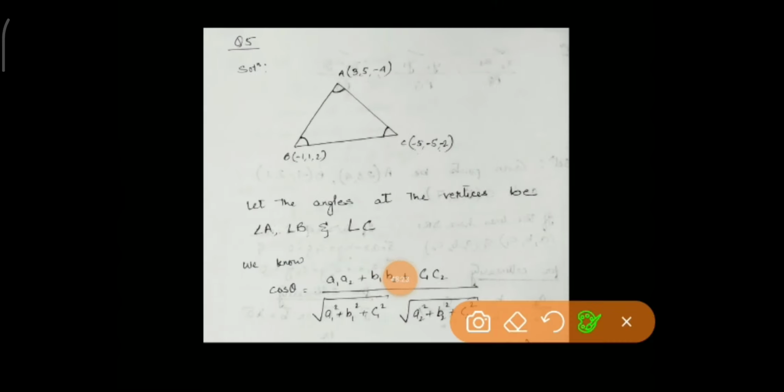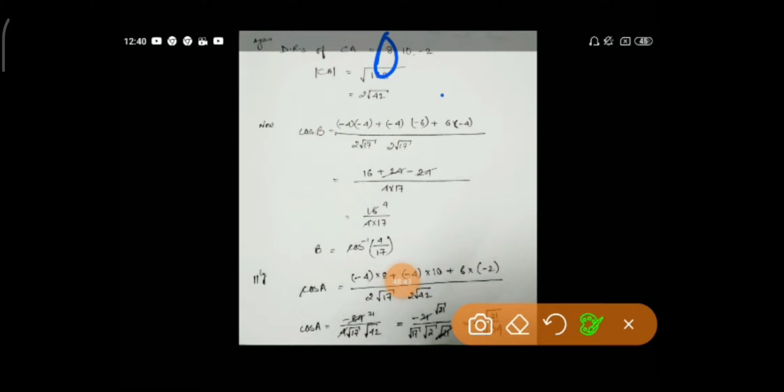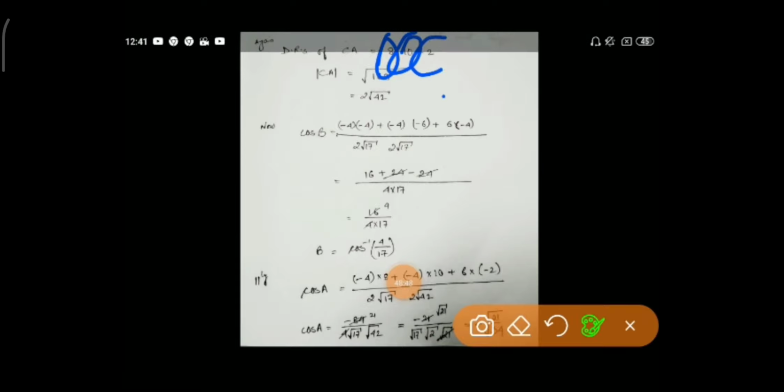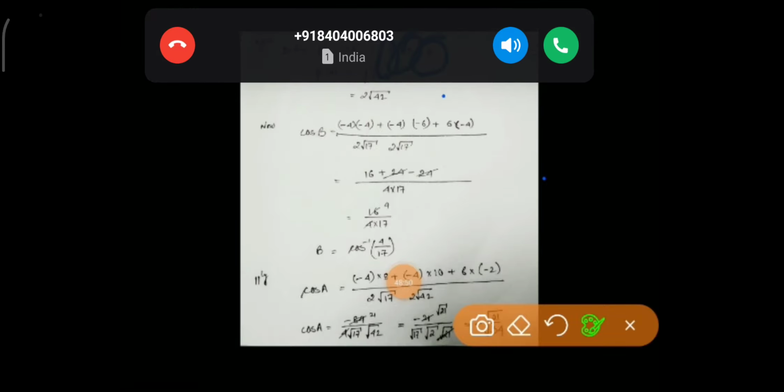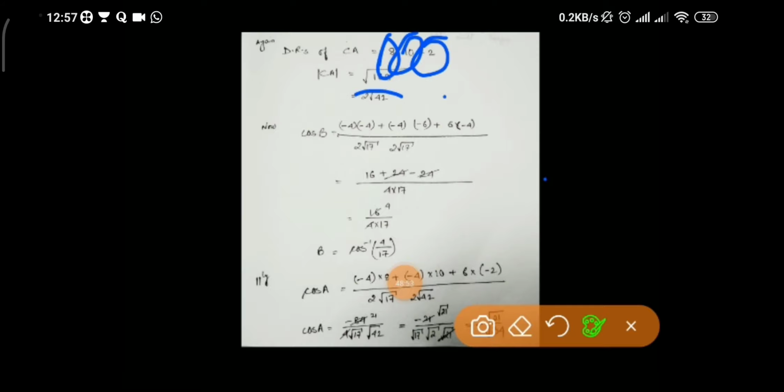Now cos of A. You go to the figure. Cos of A, you see, is made by AB and AC. So you will use AB as A1, B1, C1, and this one as A2, B2, C2. And the magnitudes I have written here, and the other one is 2 root 17.